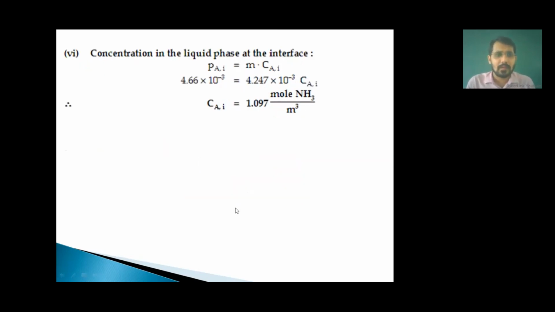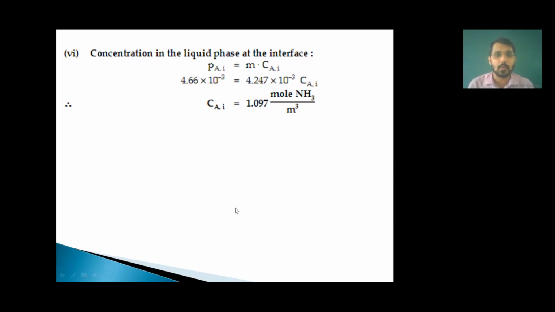The last calculation is the concentration in the liquid phase at the interface. We have the formula PAI is equal to M into CAI. M is Henry's law constant, and CAI is the concentration of component A at the interface in the liquid phase.